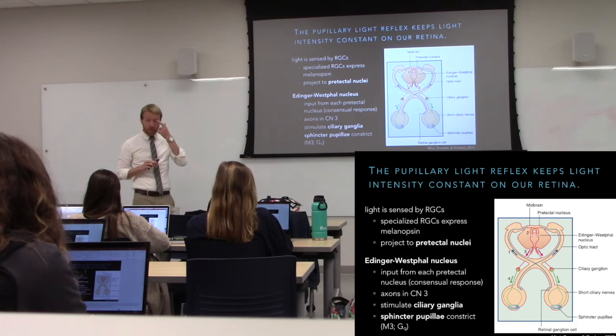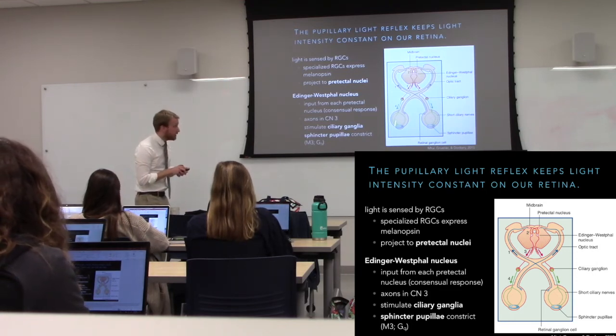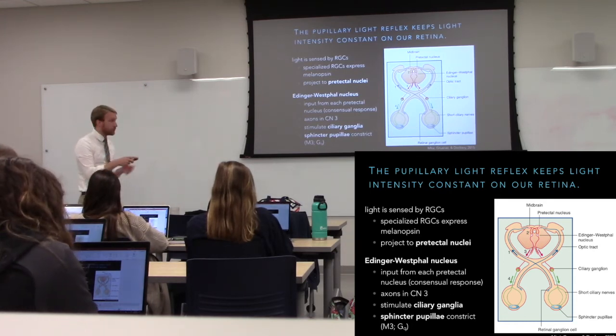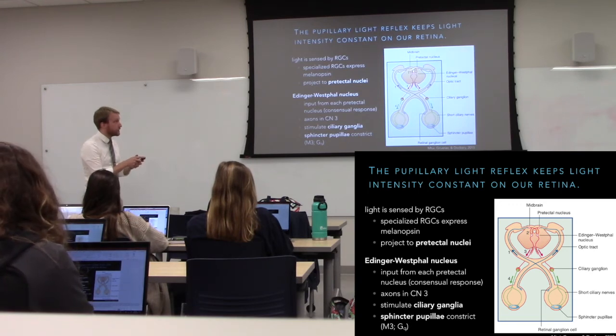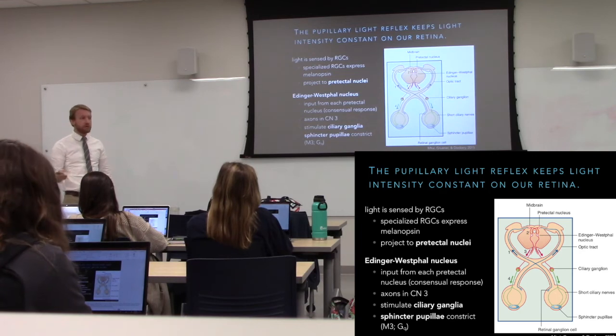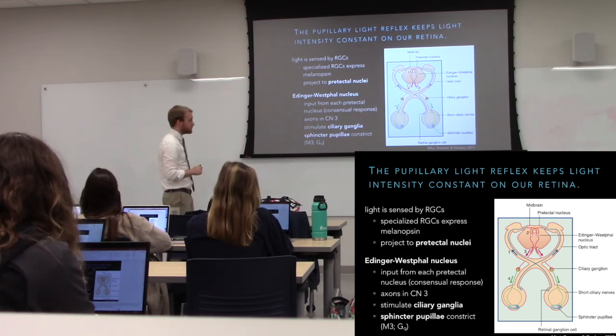So the other eye will respond as well. Even though all the light's hitting here, both pupils are going to constrict because we have bilateral innervation of our preganglionic parasympathetic neurons. So regardless of which eye there's light in, they're going to work together.